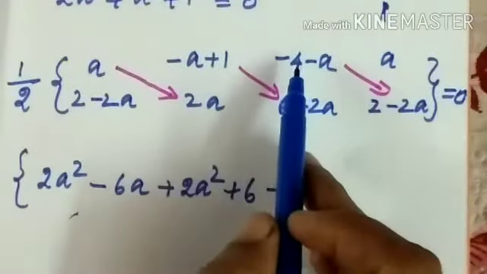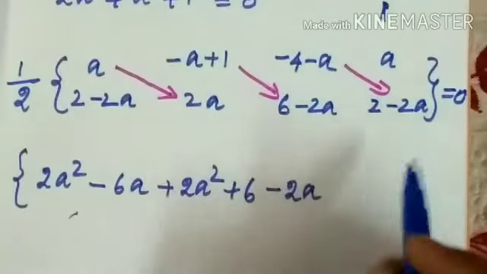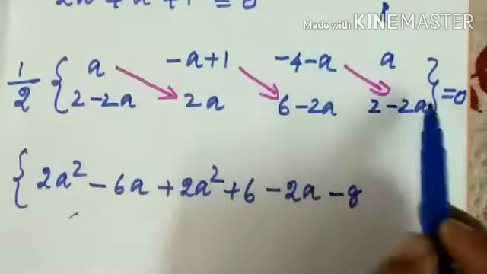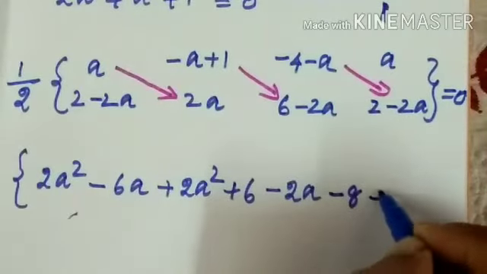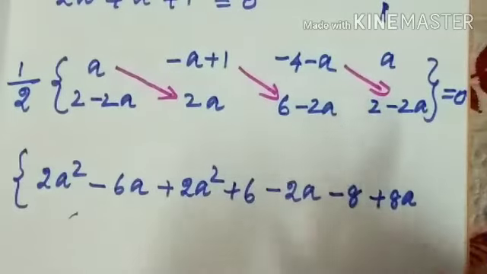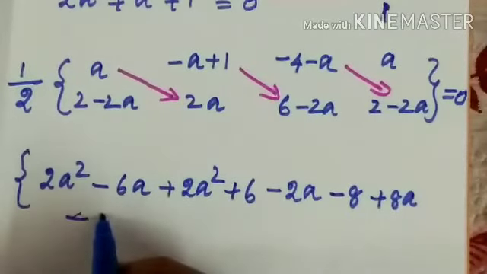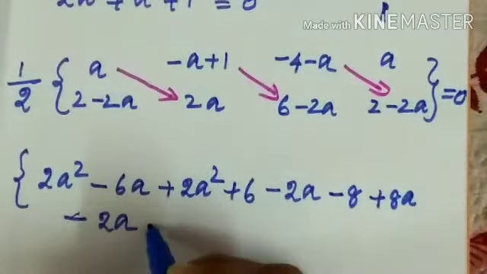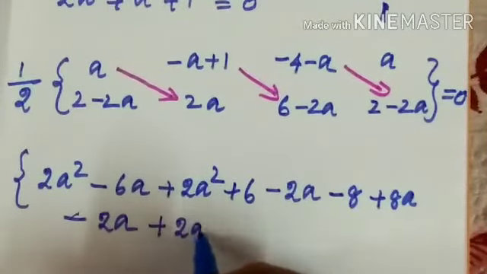Then minus 4 into 2, minus 8, minus 4 into minus 2a, plus 8a, minus a into 2, minus 2a, minus a into minus 2a, plus 2a squared, minus of.